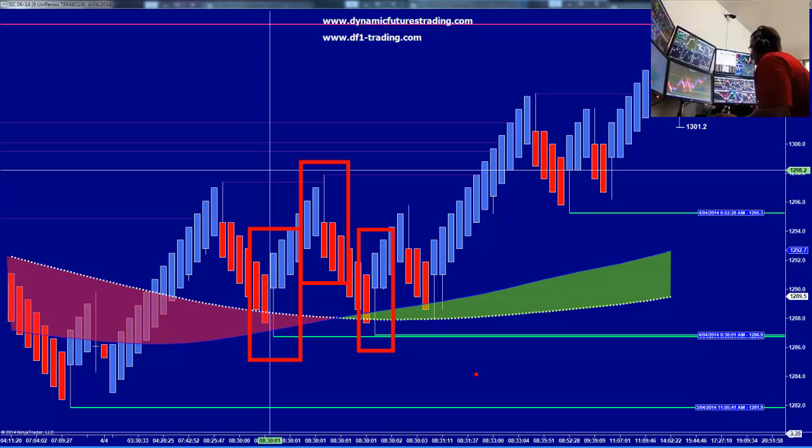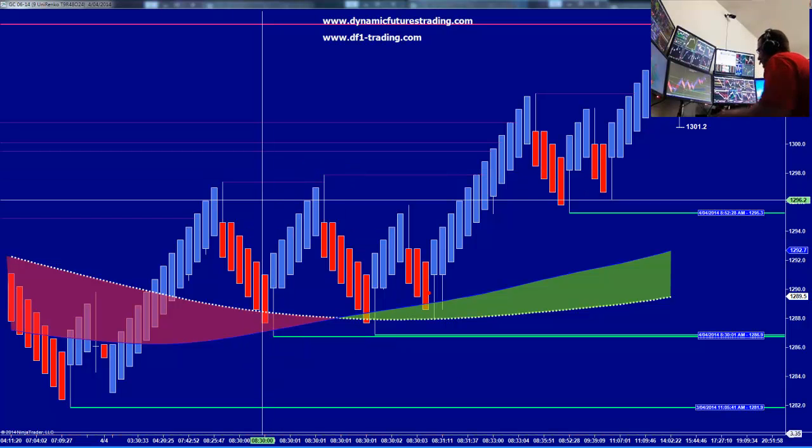Now, there's also another very important setting, and it's the open offset. The UniRenko bars are not a real bar. They're not showing you exactly what happens in the market. You see the extremes of the up and the down range, but you don't see exactly what happens.